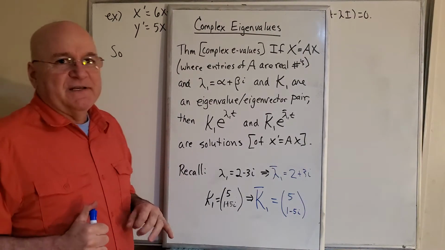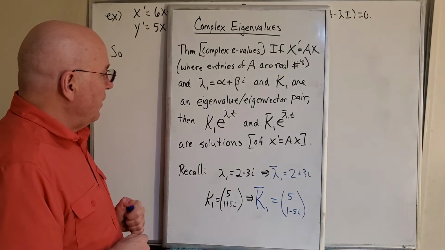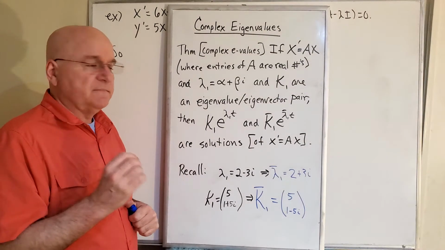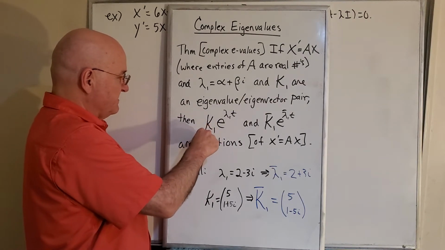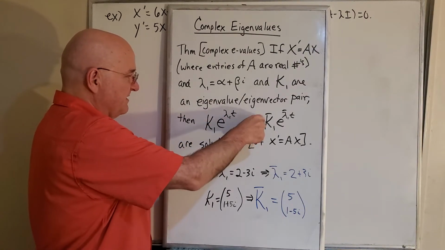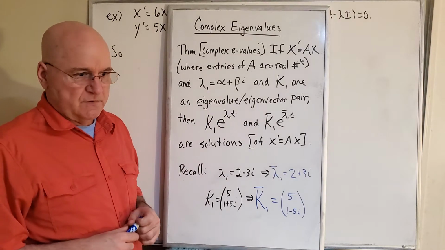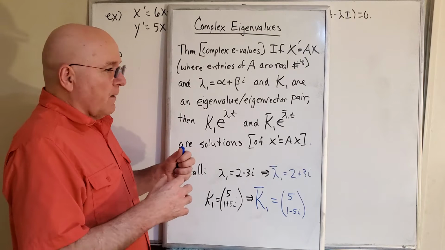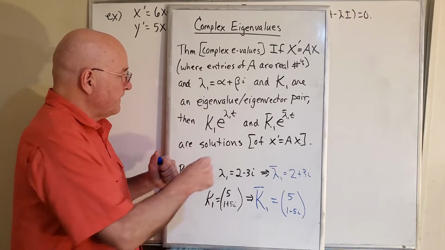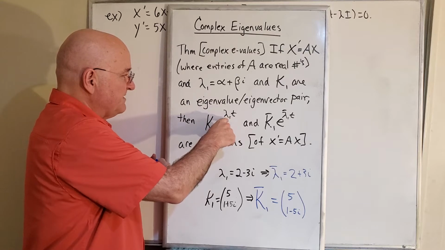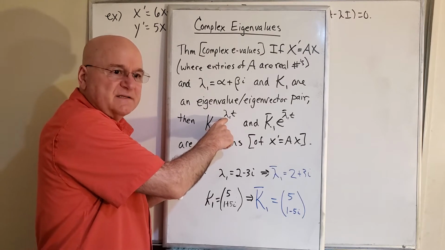And I'm going to make a comment in here to make life easier for you. We will leave the solution in the form I already said: C1 times this eigenvector times this, plus C2 times that. There's a more desirable way to write it, where the functions used, like e to the lambda 1 t, that's a function of t, but lambda 1 is a complex number.